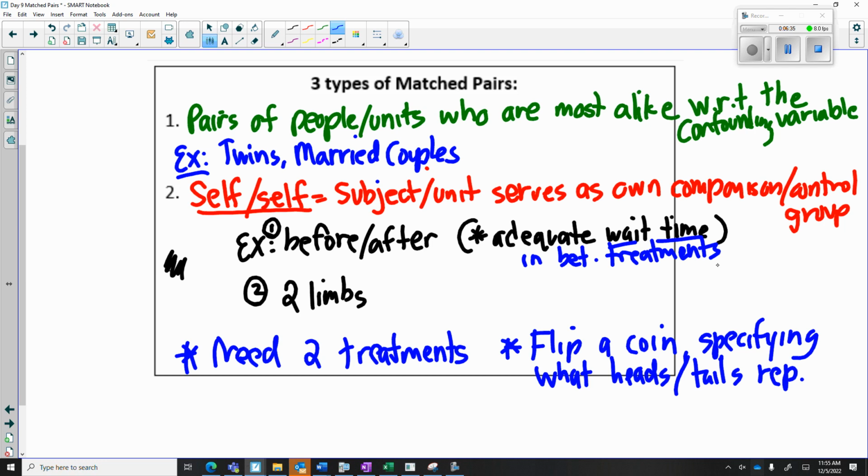Another lurking variable that could have been there would have been the weather, though. The weather could be different from week to week.